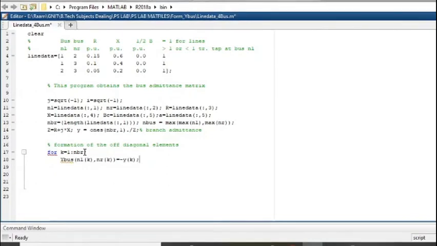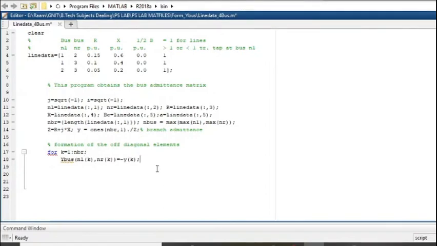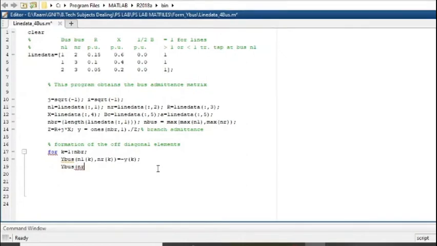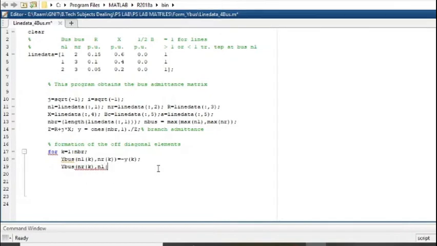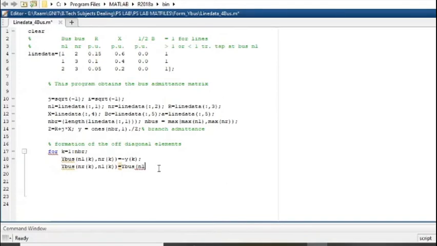NBR we have stopped at 3 because we have only 3 transmission lines. How many transmission lines do we have? 3. So it is going to stop at 3. For example, if we want Y12 equal to Y21, then we write it like this: Y bus of NR of k, comma NL of k, is equal to the same value, because capital Y12 is equal to capital Y21.